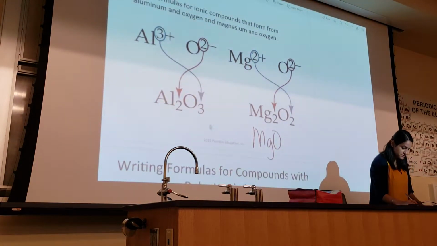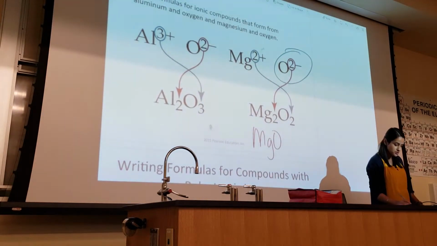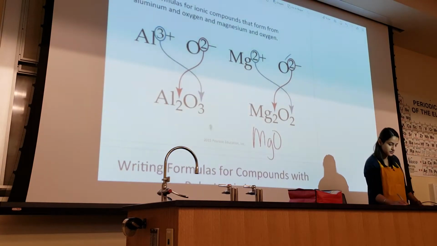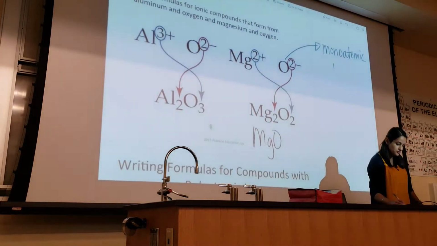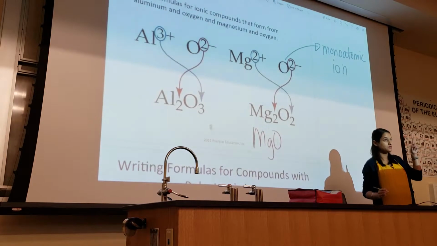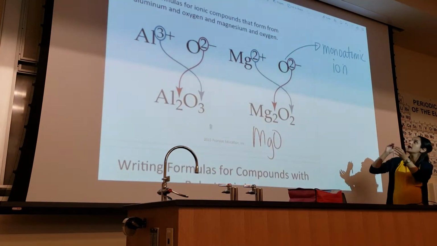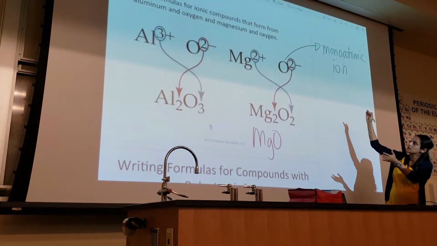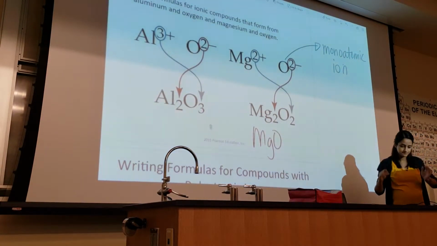Now, this right here, oxygen 2 minus or magnesium 2 plus, there's only one guy. So this is called a monoatomic ion. Mono meaning one. I'm talking about an atom, just oxygen, and it happens to be an ion, so it has a charge to it. So monoatomic.